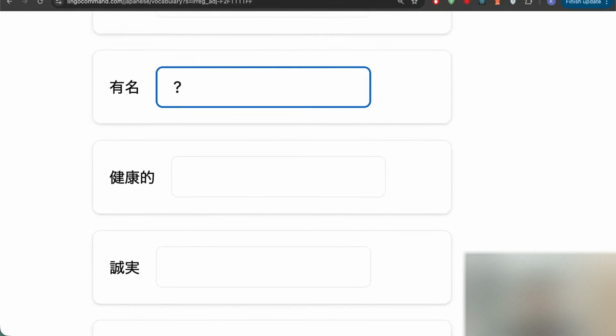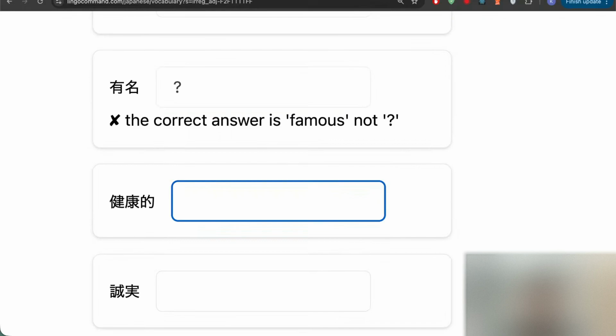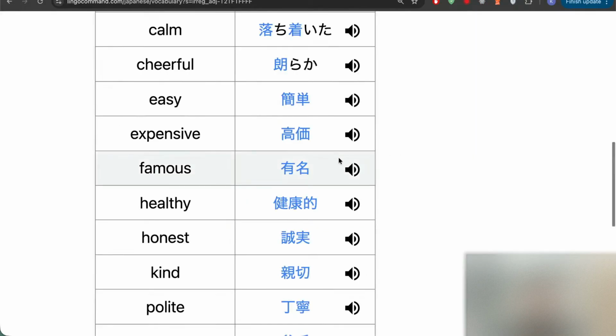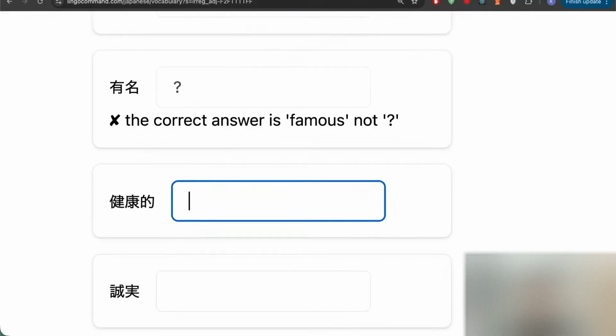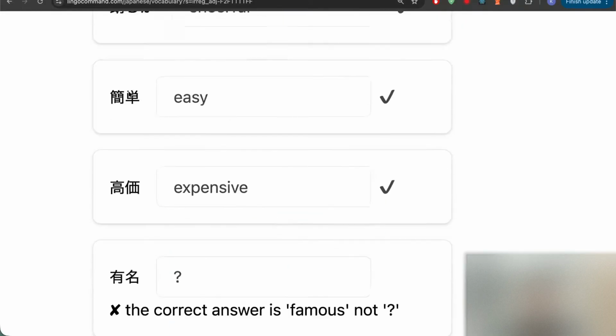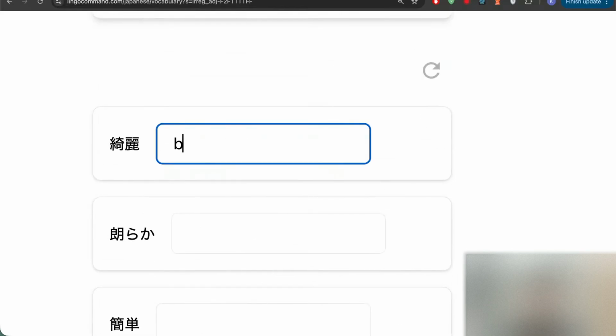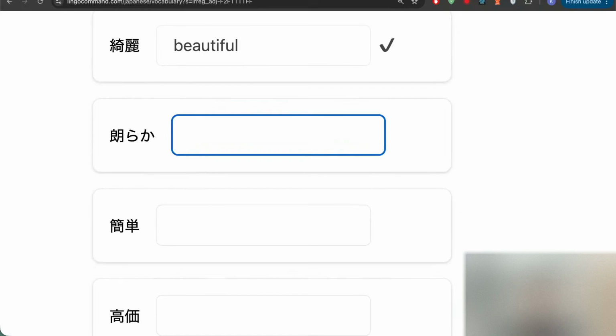What about this next one here? Yume is famous. Okay, so this is yu, this is me. We'll go from the top again, so this is beautiful. Hogaraka is cheerful.